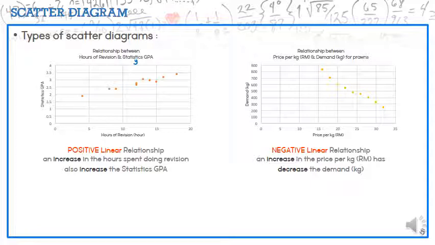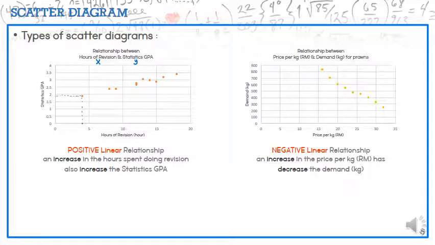And hours of revision will be my independent variable. So from here, we can see that when your hours of revision is approximately 4 hours, estimated GPA is approximately 2.